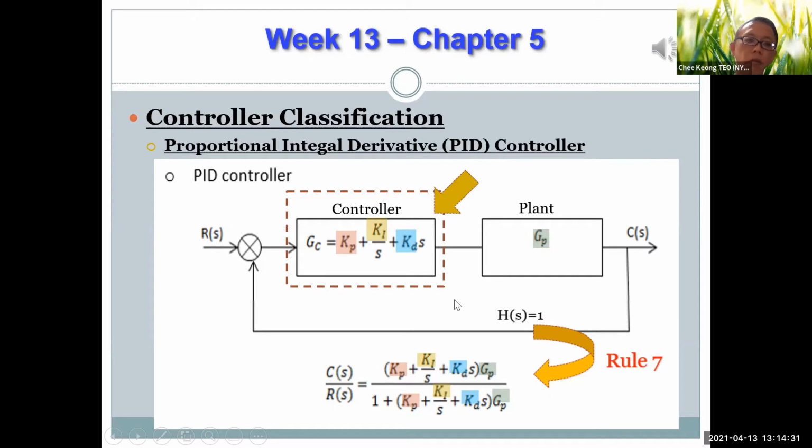Of course, the characteristic of Kp remains the same by itself. If you just change the Kp, you will see the change according to what we talked about in the P controller. If you change the I, it's the same as what we talked about in the I controller, and KD as well. So therefore, we don't need to repeat it in the PID controller.